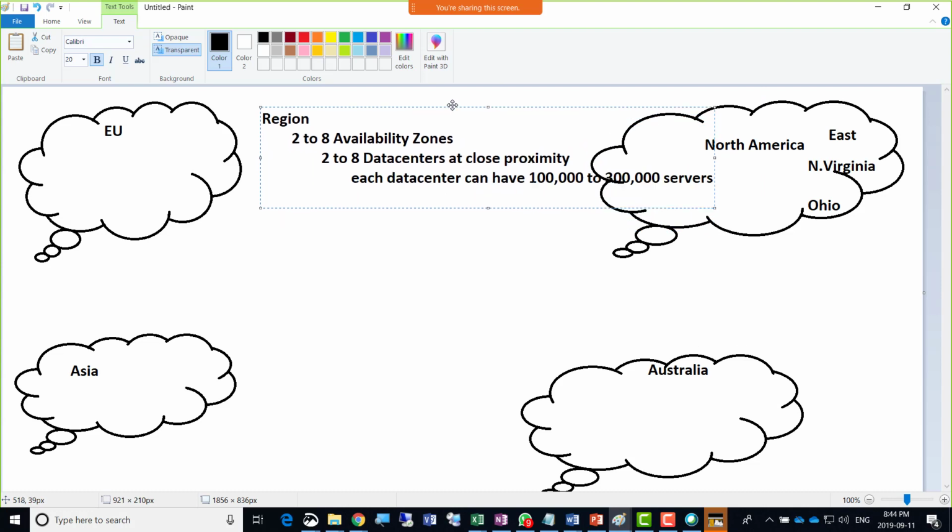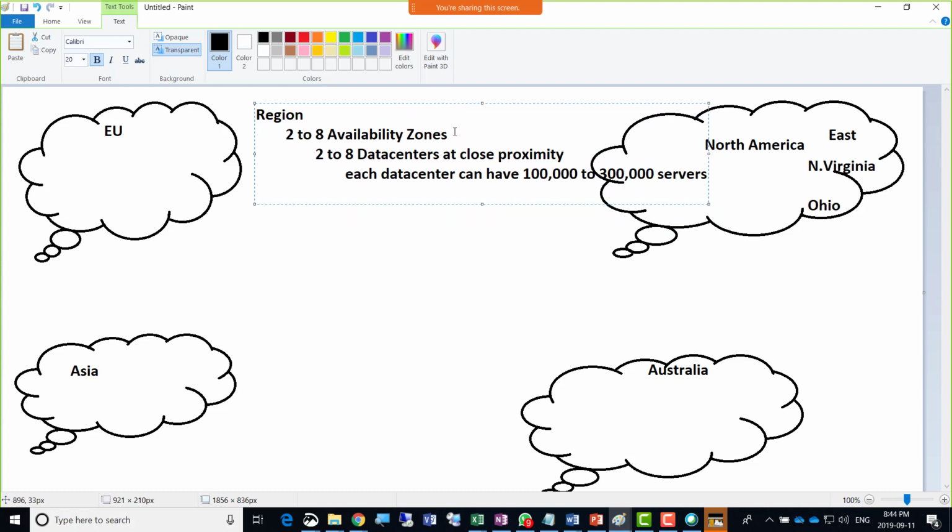And if you have one region, there are 2 to 8 availability zones. Zones are normally also considered as subnets or isolated availability zones, where one machine is in one availability zone and the other machine is in another availability zone. So 2 to 8 data centers at close proximity. This means that, suppose one data center is in Toronto, the second data center is in Mississauga, the third data center is in North York, and the fourth in London.